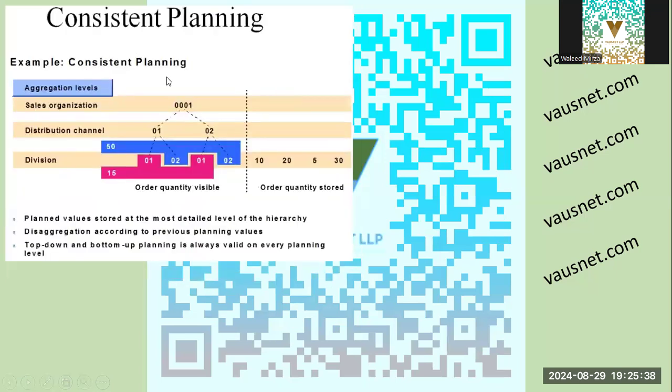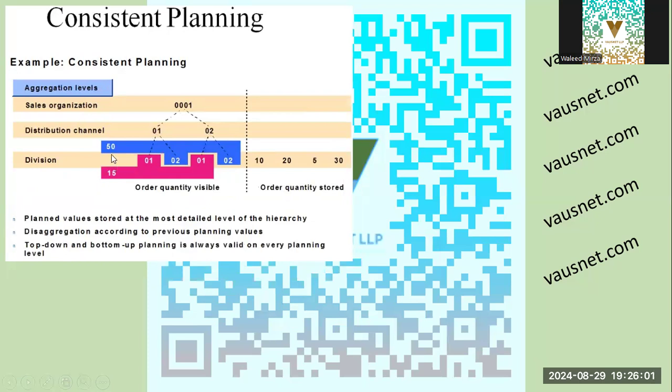Now, consistent plan is basically that this organization in sales has a distribution of powder and detergent. And based on that, there are divisions under powder and detergent, and they want to create these quantities for a geographical location. Okay, and we do the disaggregation.